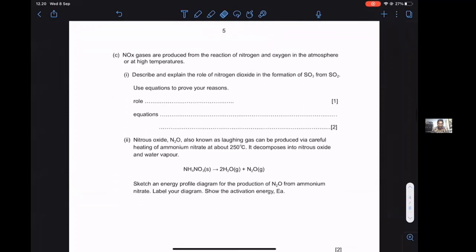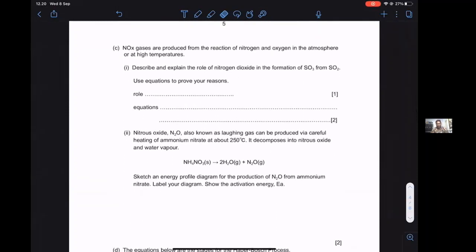Now next, NOx gases are produced from the reaction of nitrogen and oxygen in the atmosphere at high temperature. Describe and explain the role of nitrogen dioxide in the formation of SO3 from SO2. They have already given you some hints.